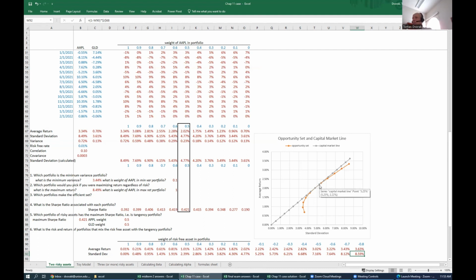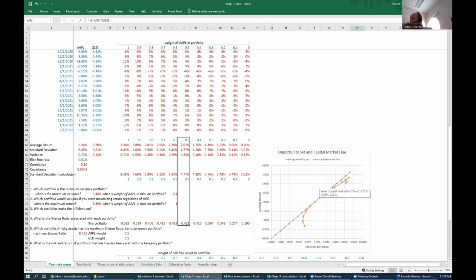So there you have the reason for why the maximum Sharpe ratio on the opportunity set is called the tangency portfolio.